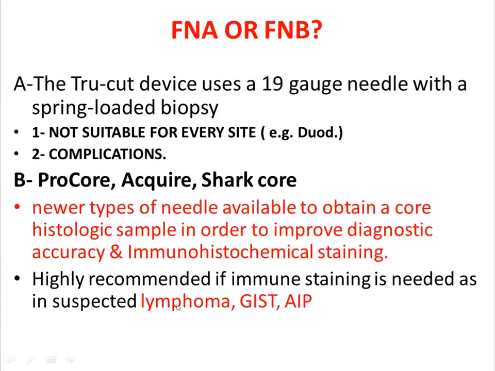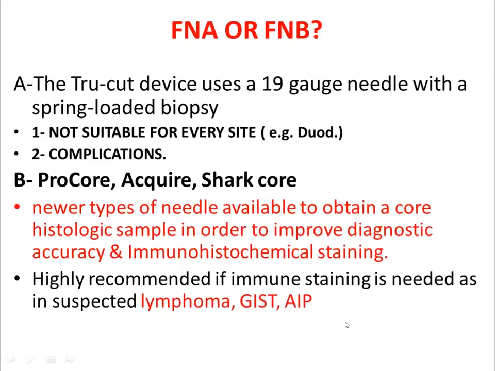Especially in cases of lymphoma, you should do CD markers, and in GIST tumor, you should do CD117 and DOG-1, and in autoimmune pancreatitis, you should stain for IgG4 on the plasma lymphocytic cells. So the answer to the question, FNA or FNB, first depends on your preference.